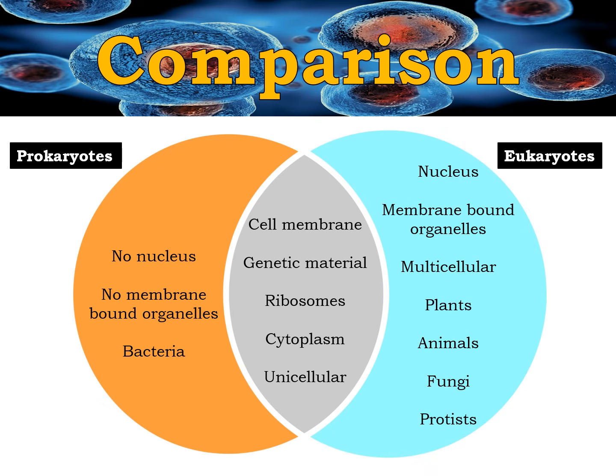Comparing prokaryotics next to eukaryotics, you see that they're opposite in a lot of ways. For example, prokaryotics have no nucleus. Eukaryotics do have a nucleus. Prokaryotics have no membrane-bound organelles. Eukaryotics do have membrane-bound organelles.